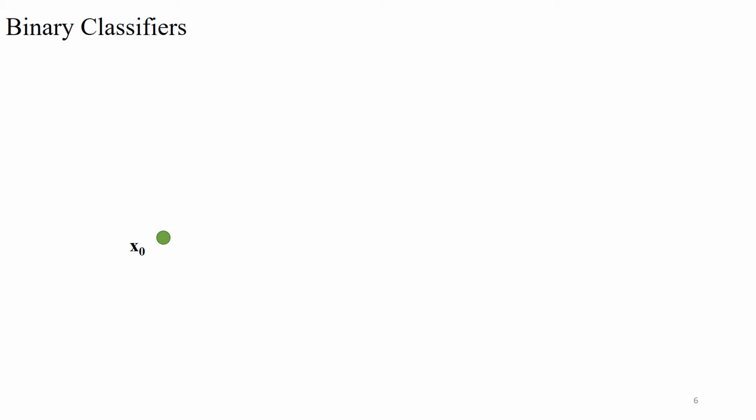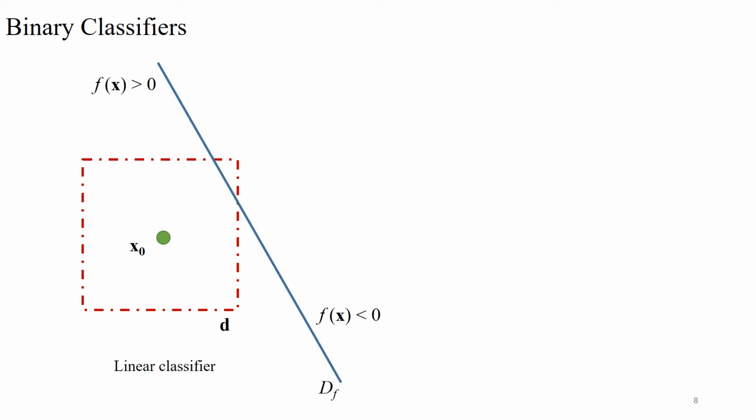First, let's consider the simple case of linear binary classifiers. Assume that x0 is an input image with only 2 dimensions. The region within the dash-dotted square represents the set of images within L-infinity distance d from x0. Our task here is to find an input image within the dash-dotted square that is across the decision boundary, denoted by the straight line.